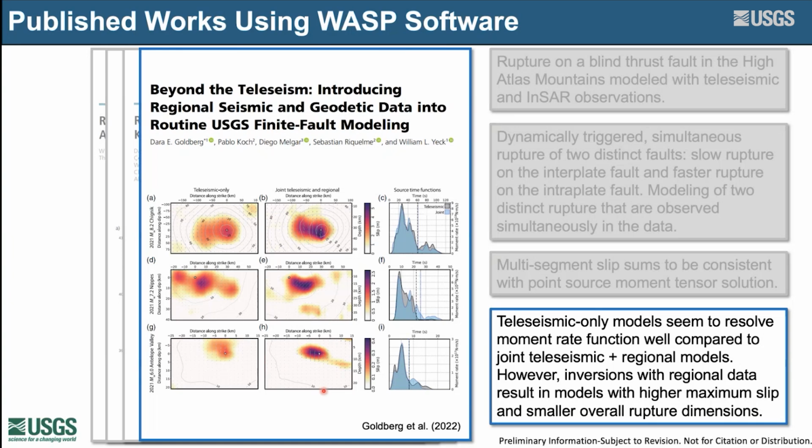And you can see that the inversions that have all of the data types here on the right are showing slightly more compact models with higher maximum slip and smaller overall rupture dimensions, which may in the future contribute to our ability to revise things like magnitude scaling relationships.